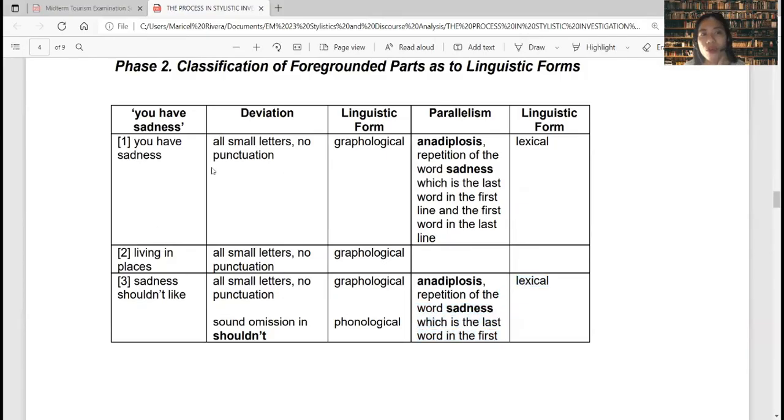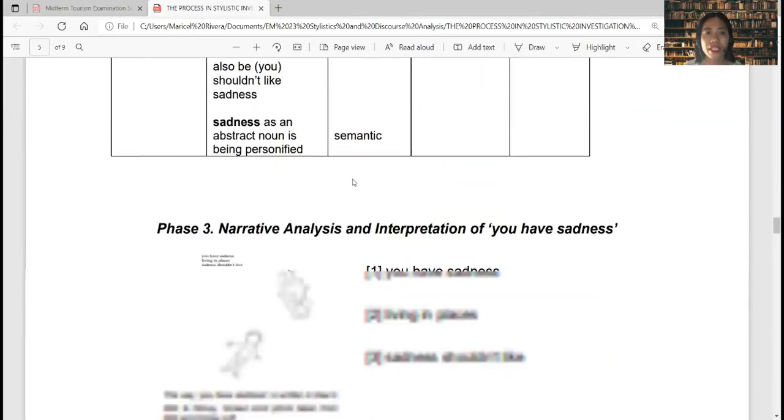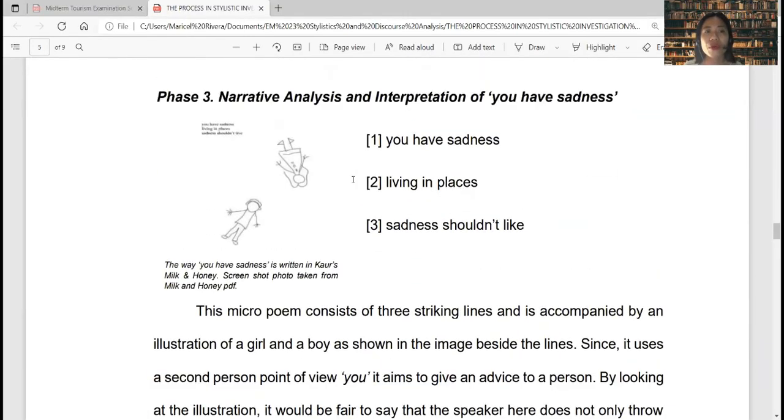Okay, nahumana nato og identifying deviation and parallelism, as well as we finished already identifying the linguistic form of both types of foregrounded parts that we identified. Okay, so now let's take a look at narrative analysis and interpretation of You Have Sadness.